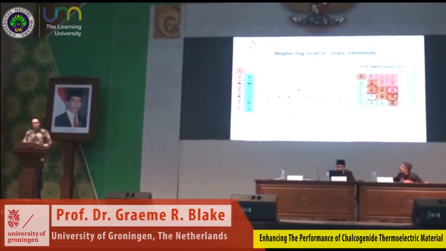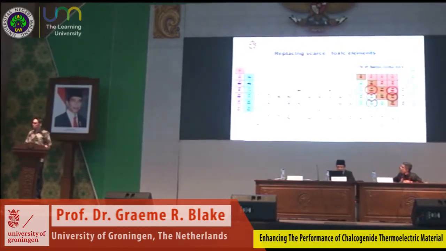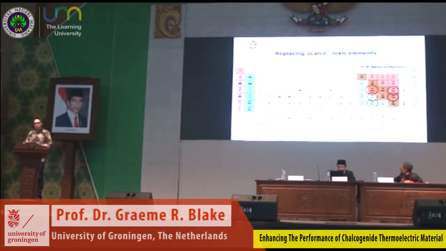Germanium is not good because although it's rather abundant, it's very expensive to process and purify, so it's a very costly element. Lead is toxic, of course, so it would be nice to use perhaps tin instead. And going to the chalcogenides, using sulfur or selenium would be preferable to using tellurium.